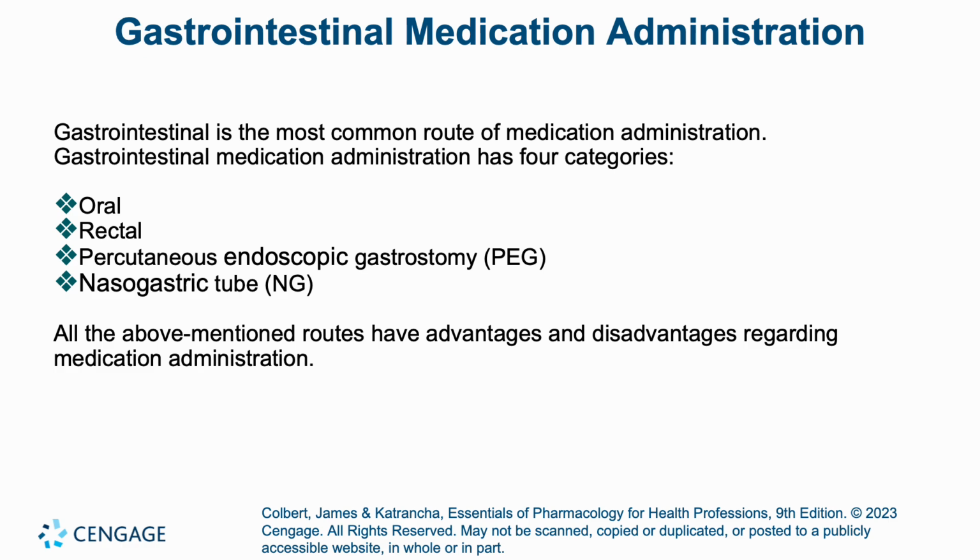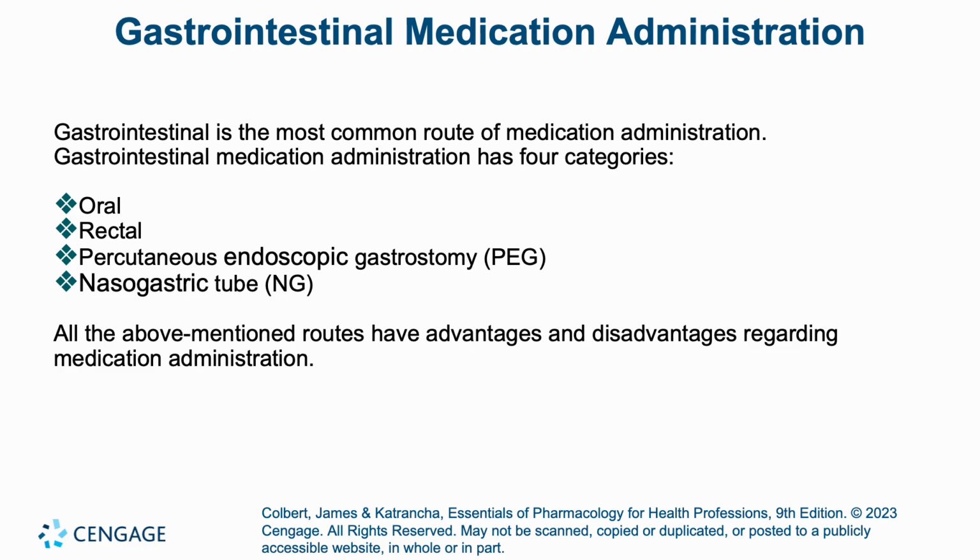So we will talk more about those later, but if you break down the meanings of those words, percutaneous means by the skin, endoscopic is the way that they perform the surgery, and gastrostomy is a surgical opening into the stomach. And so a PEG tube is an opening through the abdominal wall directly into the stomach itself that medications and food can be delivered through.